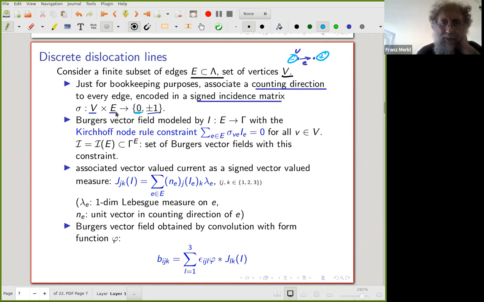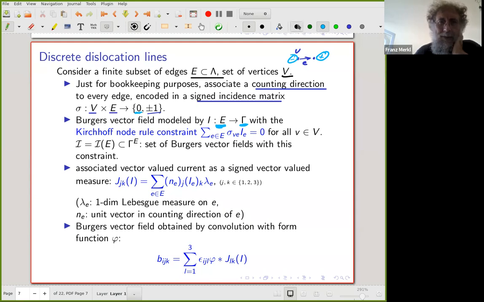And then our Burgers vector field is modeled by a function which assigns to every edge in the mesoscopic lattice a Burgers vector taking values in some microscopic lattice.